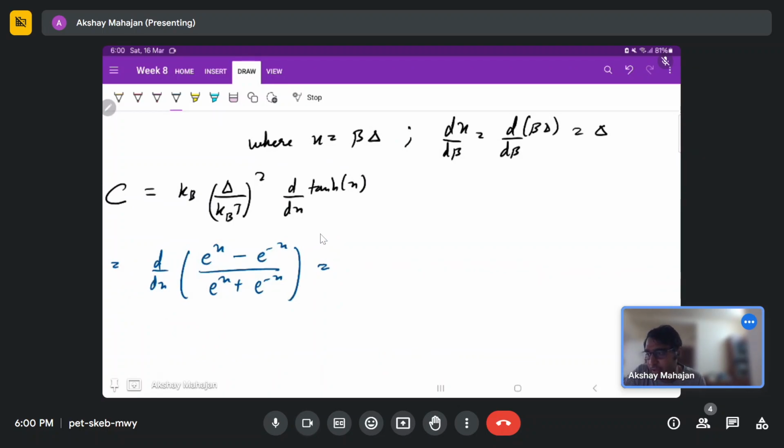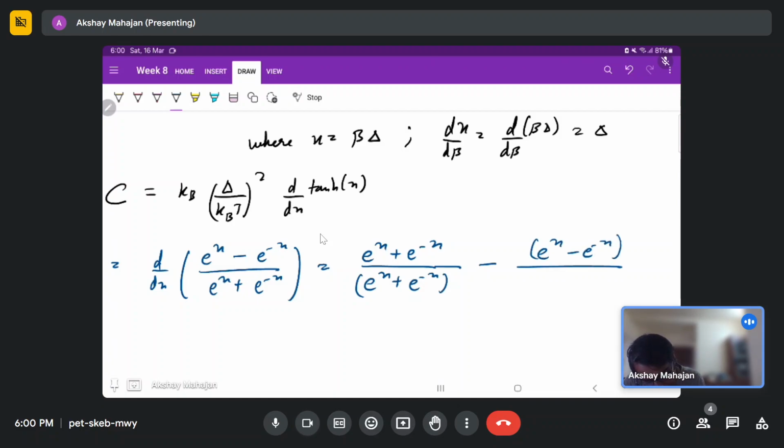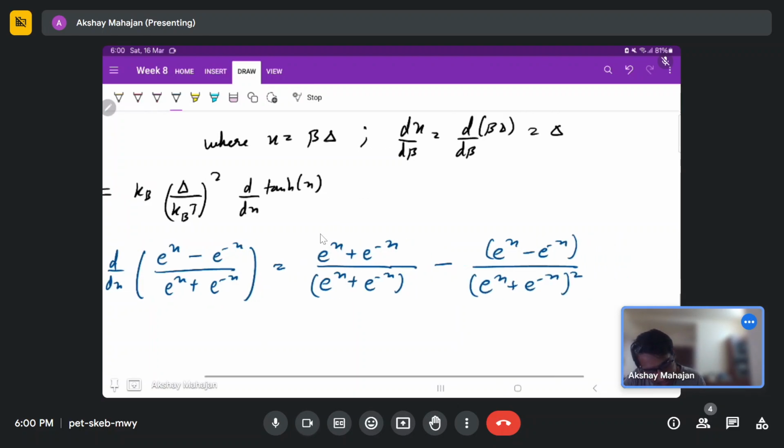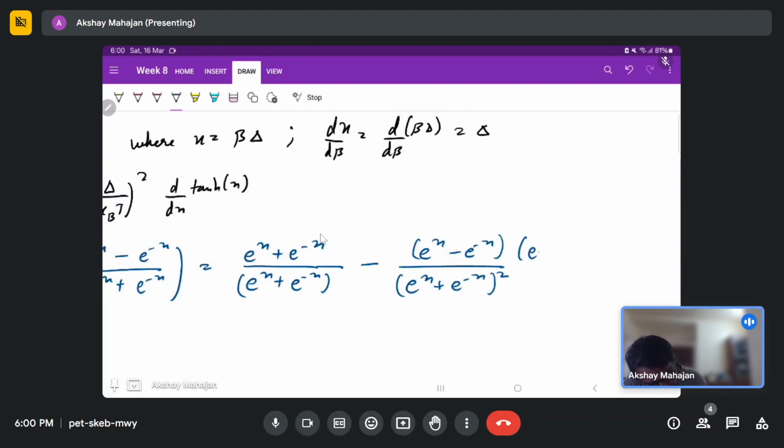You will differentiate: keep the denominator, e to the power x plus e to the power minus x, times the differentiated numerator, then a minus, the numerator as it is, times the differentiated denominator, over (e to the power x plus e to the power minus x) whole square.